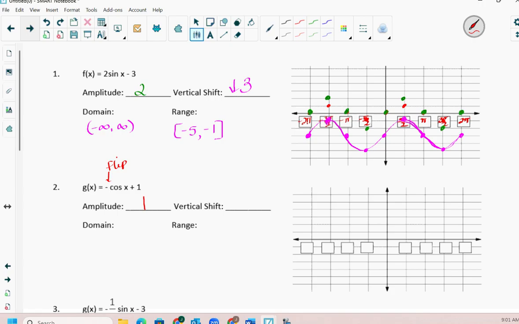So you still do opposite. Why here is it opposite? When you say the word amplitude, because I asked you what the amplitude is, it's always positive.